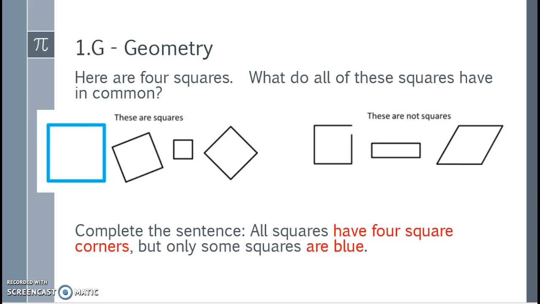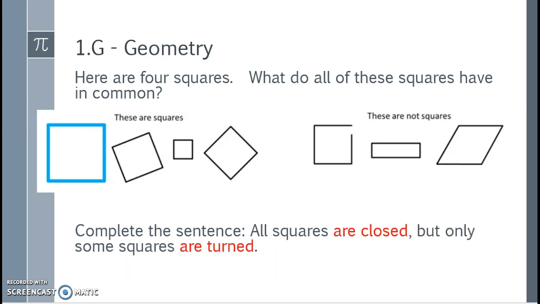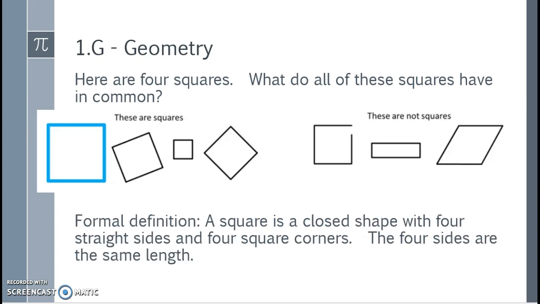Again, literally, they will see a blue square and think that all of them could be blue, so identifying that only some are blue is important. All squares are closed, but only some squares are turned. A square is a closed shape with 4 straight sides and 4 square corners. The 4 sides are the same length.